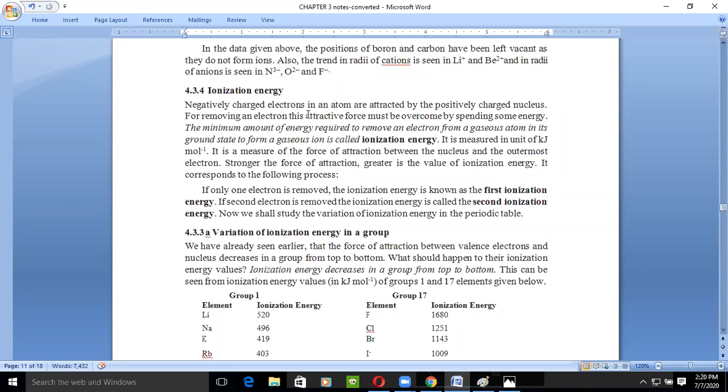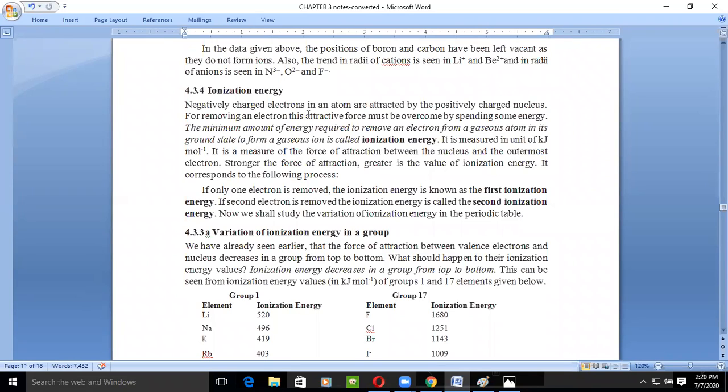So if an atom wants to accept an electron from any element, and if you want to remove these electrons from the atom, then we have to apply more energy, more force, which overcomes the force between that electron and the nucleus, that electrostatic force.